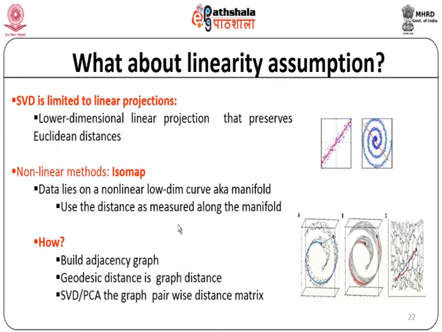But still you can apply the same dimensionality reduction techniques by building an adjacency graph or a geodesic distance, which is once again going to be a distance graph, or you can make use of principal component analysis of the given graph using the pairwise distance matrix. So, initially you need to do some kind of transformation on the original matrix, and then you can apply SVD or the CUR technique, thereby reduce the dimension and then use the reduced dimensions for the purpose of analysis. This is how nonlinear data can be reduced in terms of their dimension using the existing dimensionality reduction techniques.